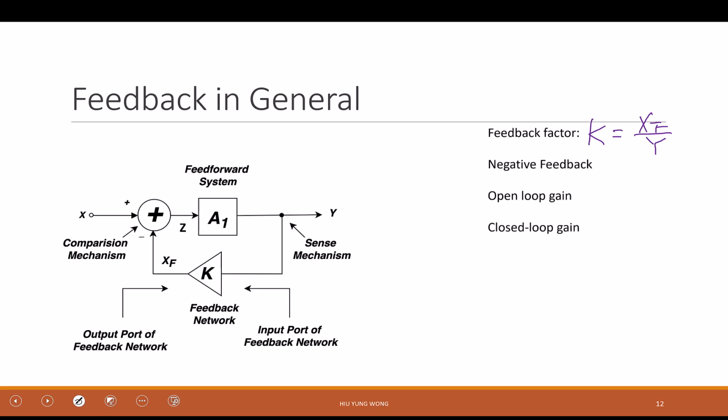And this is a negative feedback because whatever is going to be put into the feed-forward system is not my original effort. It is Z, which equals X minus XF. My effort minus the feedback. Okay, and of course, XF is Y times K.